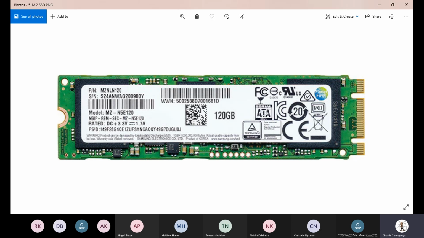So SSDs, like I said, are more costly, but you can look at it from a relative point of view in terms of the actual technology that is used within your specific environment.